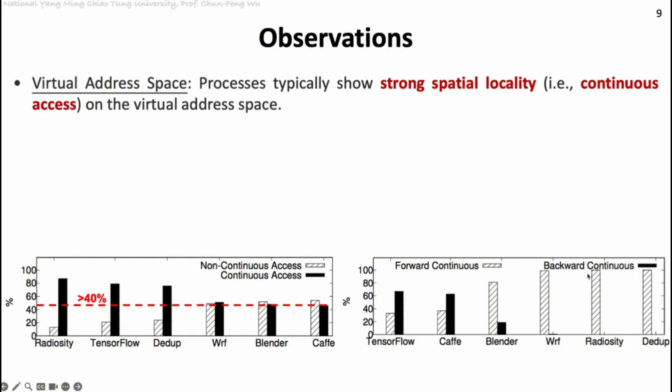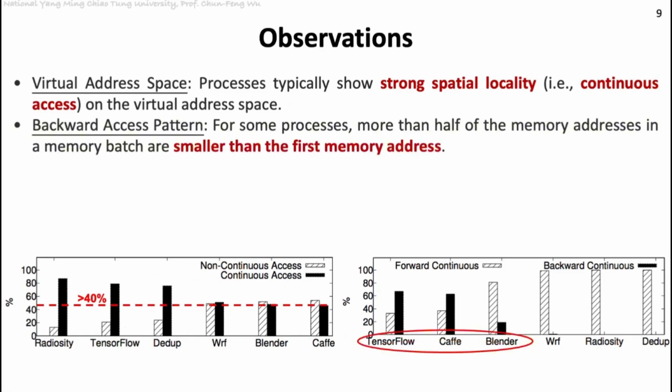Forward will be quite intuitive for you, because programs usually move forward, right? But the reason we have backward memory access is that for some image related applications, for example, if you are going to do a median filter, or use a kernel to do a convolutional neural network, usually you are going to access the memory around the target virtual memory address.